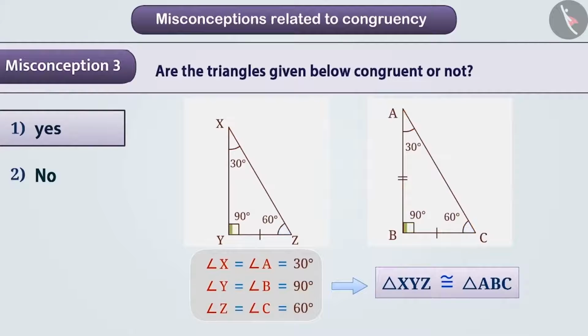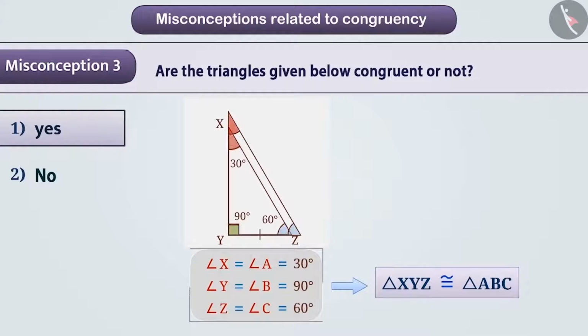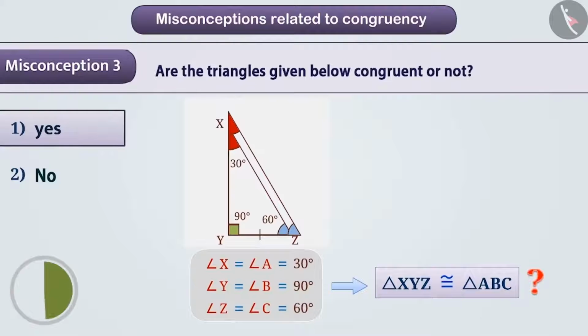If we place one triangle on another triangle, we will find that they do not completely cover each other, even if the corresponding angles are equal. So can we call them congruent? Think. No. Therefore, option 1 is the wrong answer.